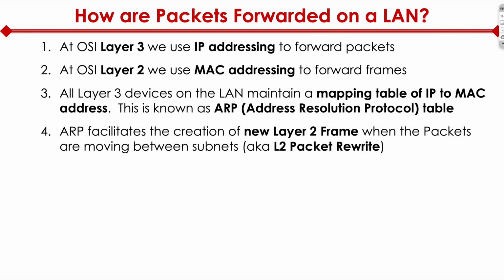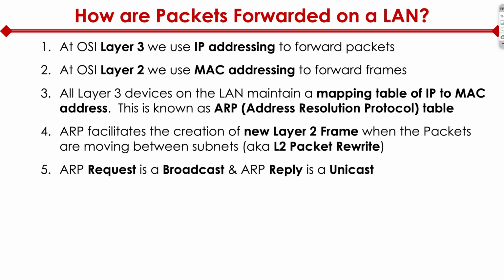And ARP allows us to create a new layer 2 frame. It's also called layer 2 packet rewrite. But before I go too deep into this, I'm going to give you an example of how this works. Until then, let's park it. Always remember that ARP request is a broadcast, whereas ARP reply is a unicast.